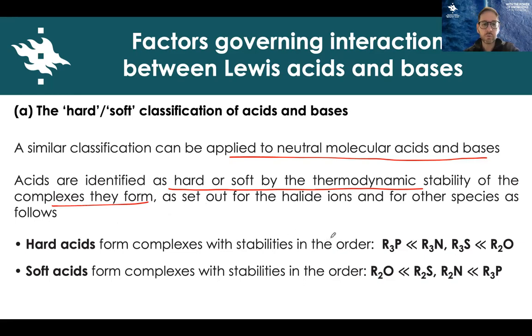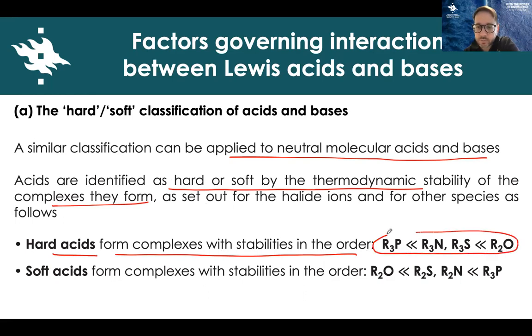species as follows. So we can also choose other species which are neutral molecules in this case to do this classification. So hard acids also form complexes with stability in this order for these molecules, and soft acids increase in stability in this order.